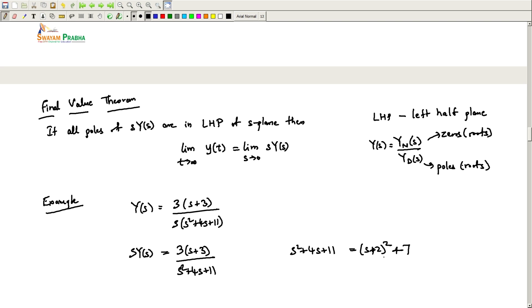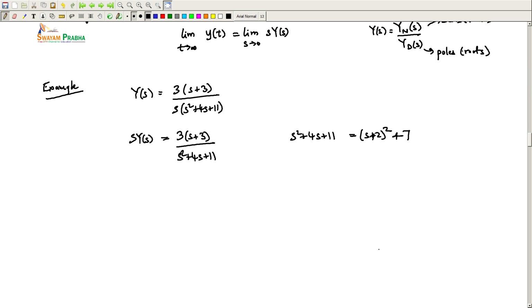Based on this we can apply the final value theorem, and the limit as t tends to infinity of y of t will be equal to the limit as s tends to 0 of this particular expression. So, we will get this as the final value.